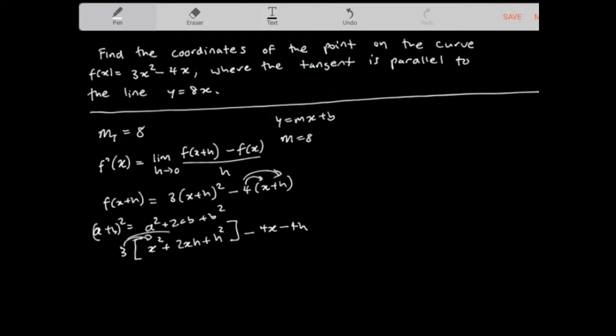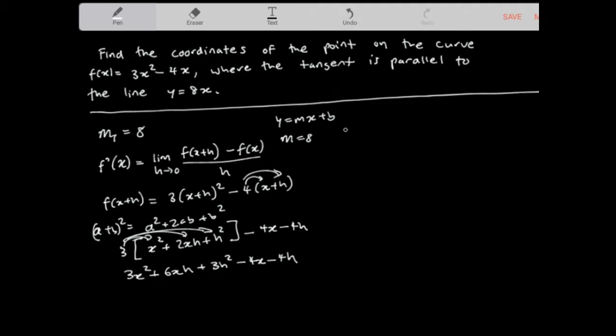So if I expand this out further, using distributive property, you get 3x squared plus 6xh plus 3h squared minus 4x minus 4h, right? And you can see that there's no like terms, so I'm not going to be able to collect any of these guys. So that's my expanded form of f of x plus h.